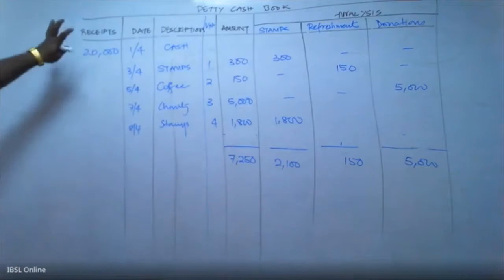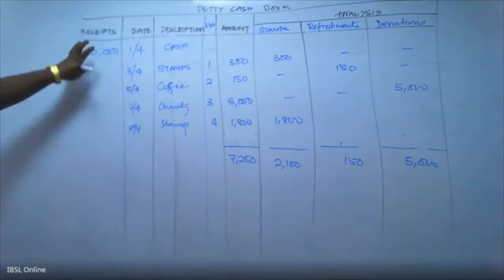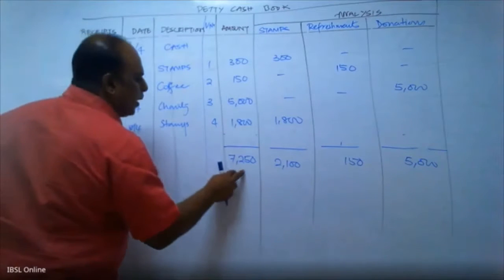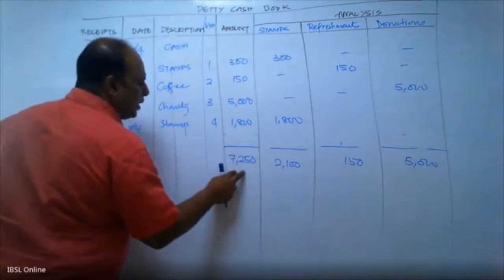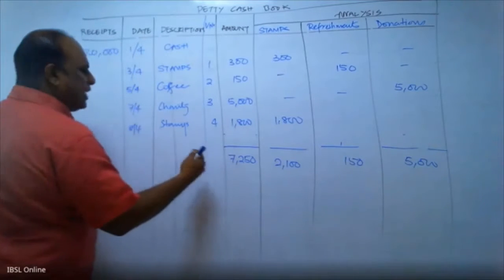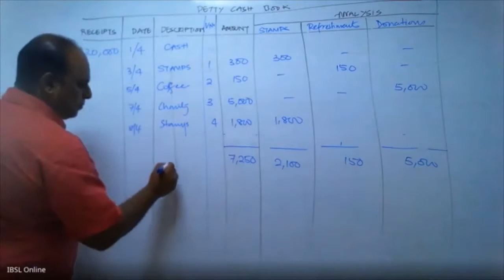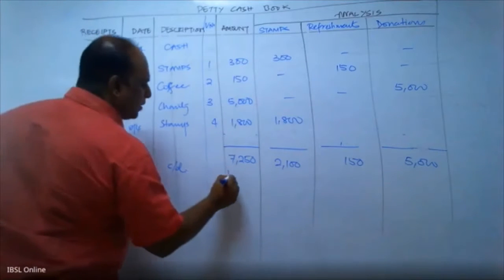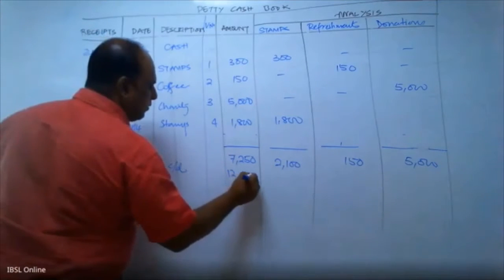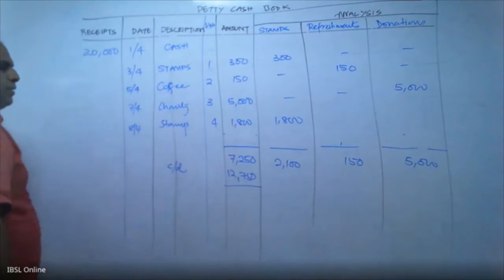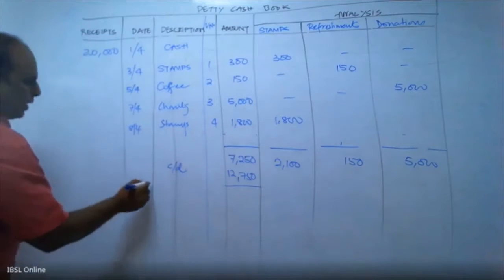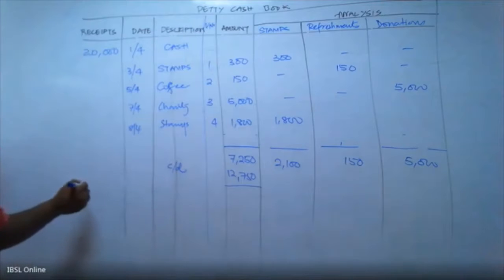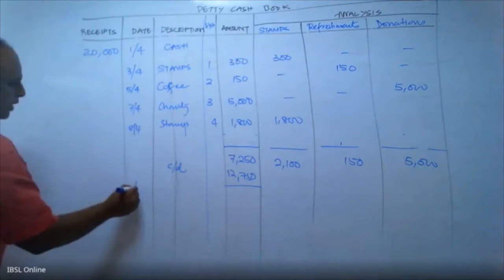So actually you started with 20,000. Now you have only spent 7,250. So what is the balance carried forward? That is 12,750. Am I correct? So that will come as the amount that you have for the next month.